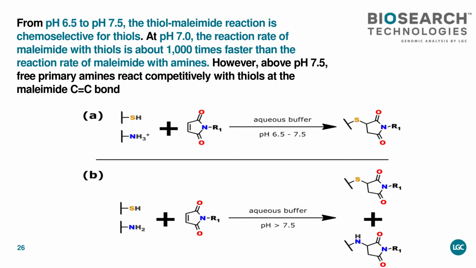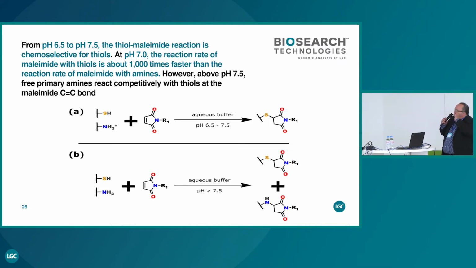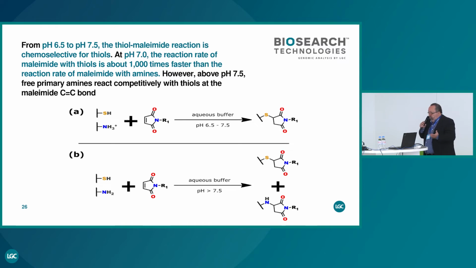If you are between 6.5 and 7.5 in terms of pH, it's very fast, and you will have a very good product. For instance, at pH 7, the targeted reaction will be 1,000 times faster than the parallel reaction. If you go to a pH above 7.5, you will have a competition between the thiol with the maleimide and the amine with the maleimide. And so you will obtain two products. So just think about that.